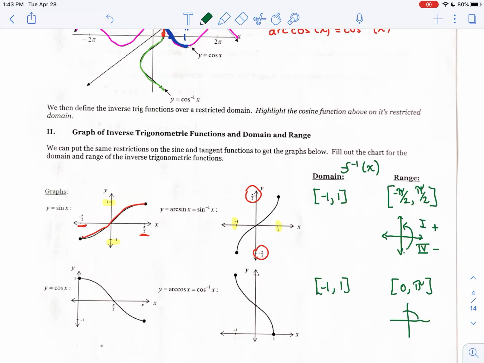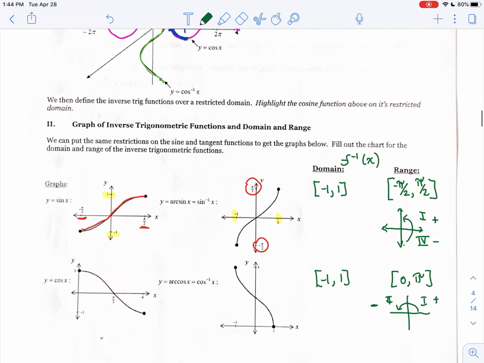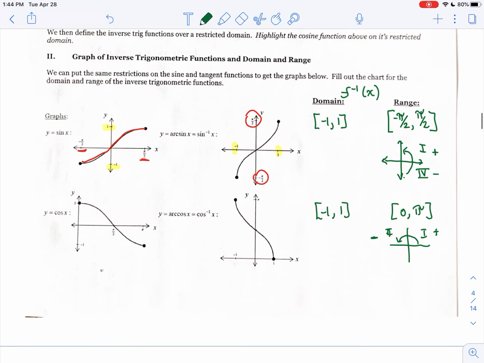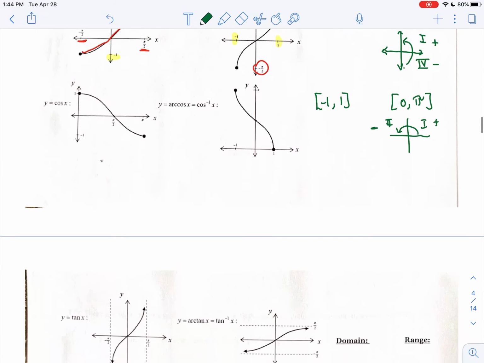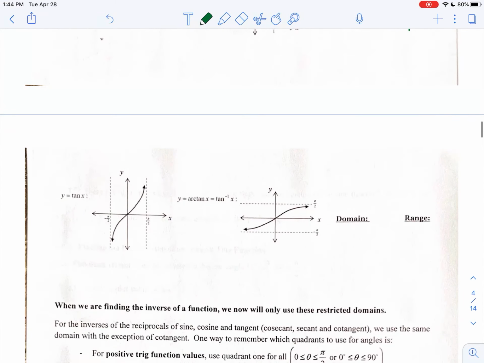If we, on the unit circle, look at 0 to pi, that spans the first and the second quadrant, where the first quadrant is where cosine is positive and second quadrant is where it's negative. So we're only allowed answers within the first and second quadrant for cosine, and then within the fourth and first for sine.